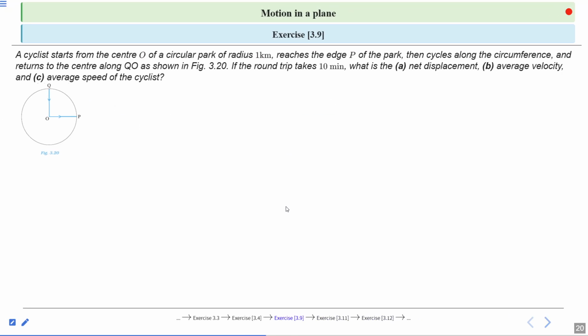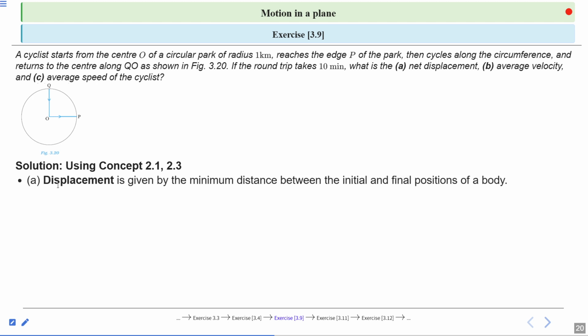So solution using concept 2.1, 2.3. Here first we have to find out the net displacement. Now the question arises, what is displacement? Basically displacement is given by the minimum distance between the initial and final positions of a body.